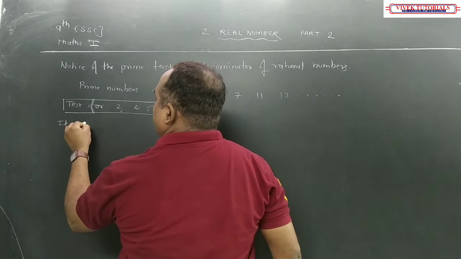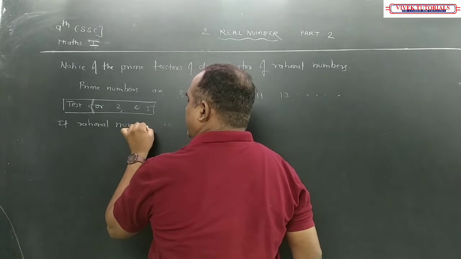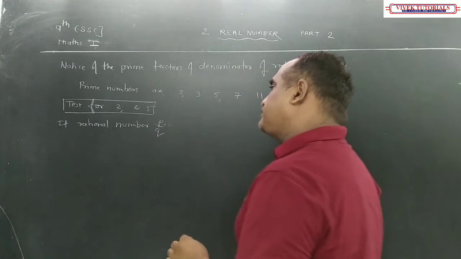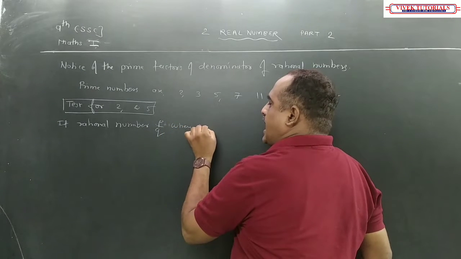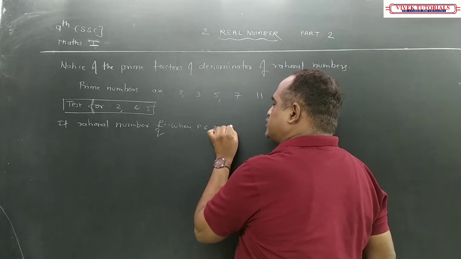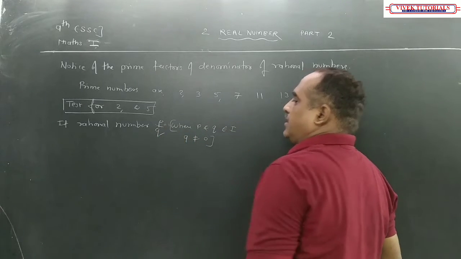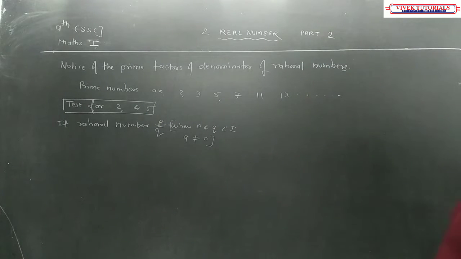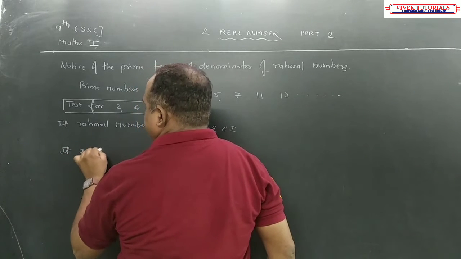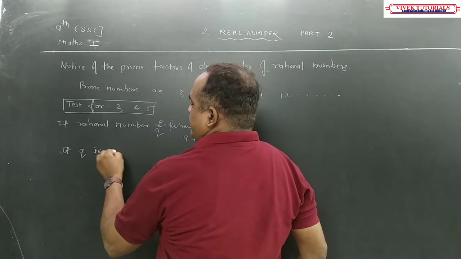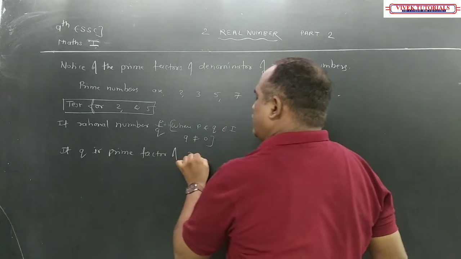If a rational number P upon Q, where P and Q belong to integers and Q should not be 0. If Q is a prime factor of 2 and 5.